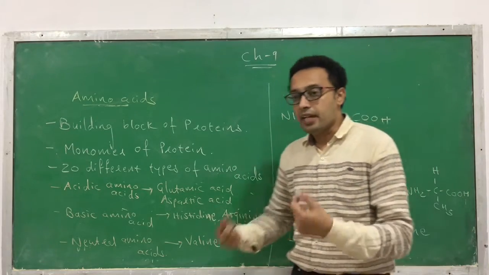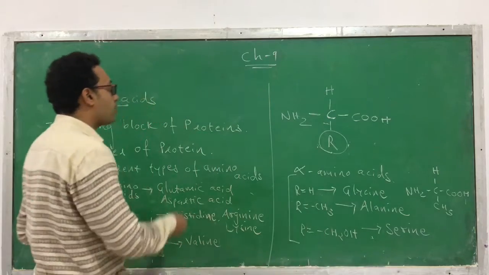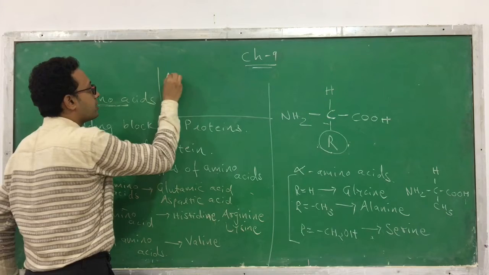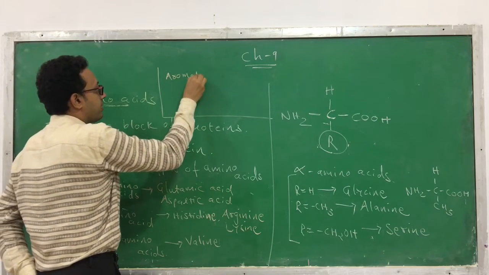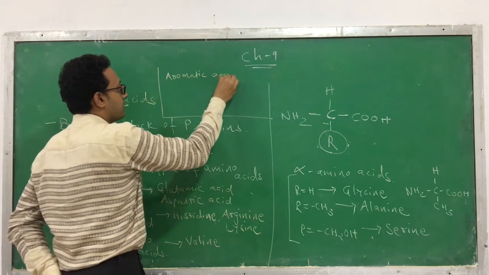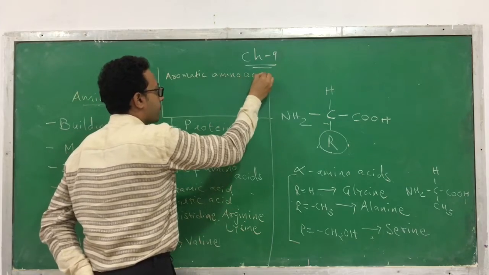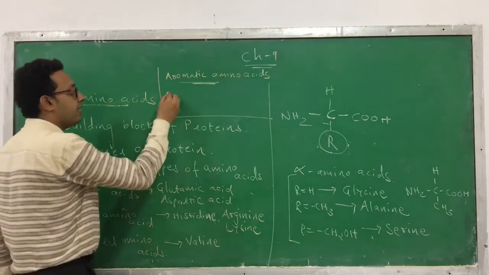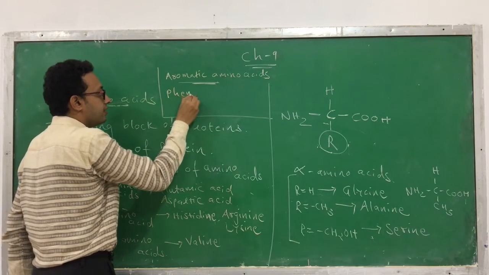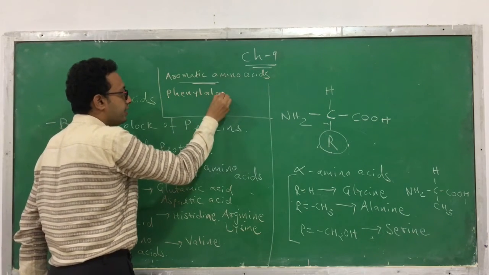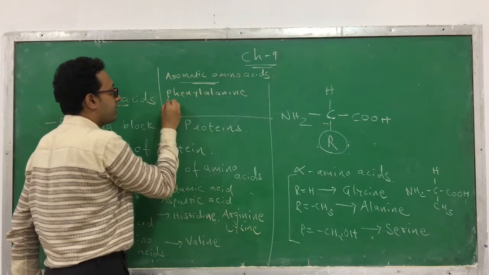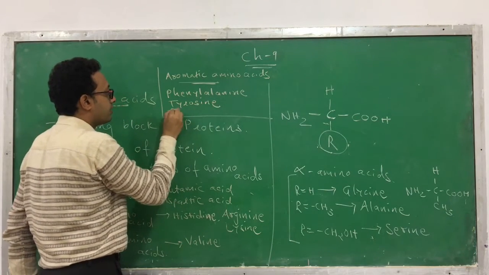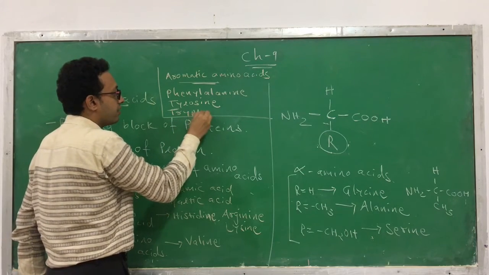Apart from that, I can also tell you the examples of aromatic amino acids. Remember, these are the examples of aromatic amino acids. They are phenylalanine, the second one is tyrosine, and the third one is tryptophan.